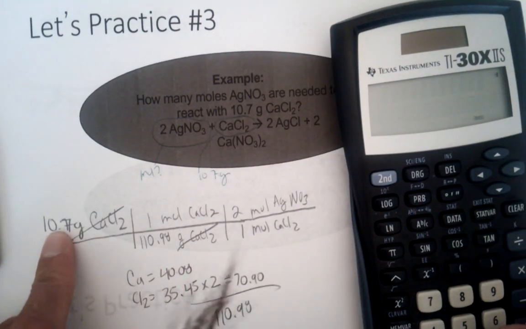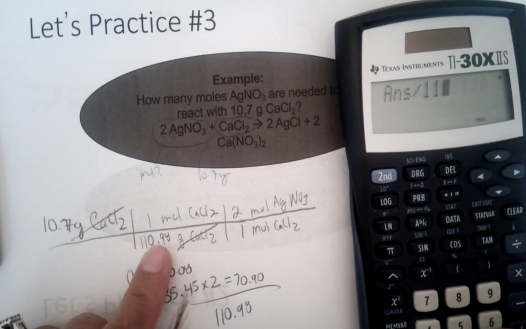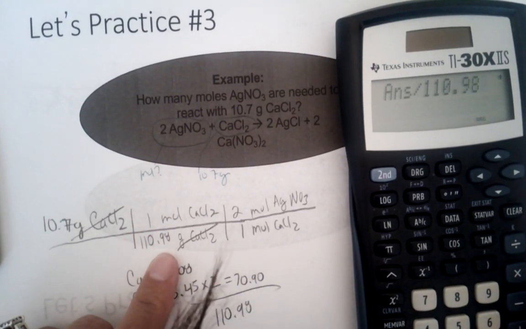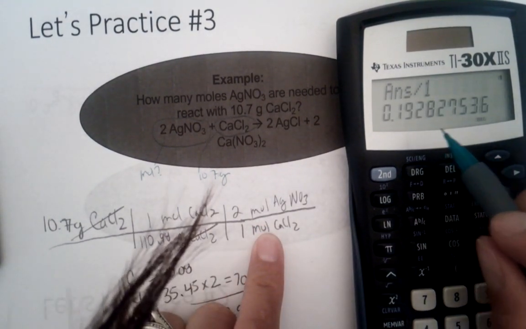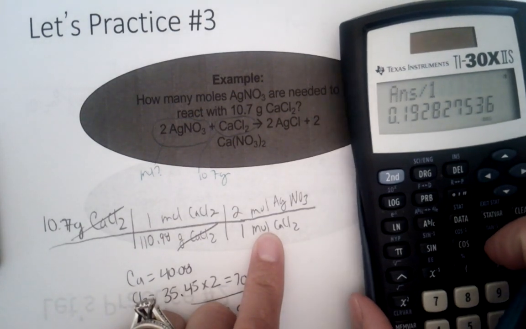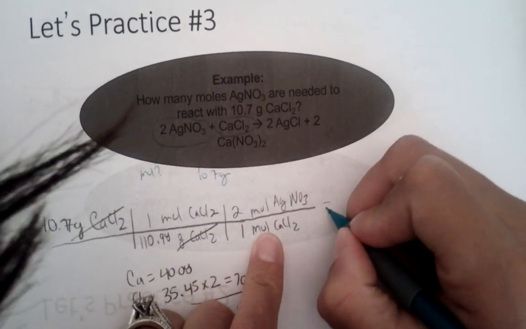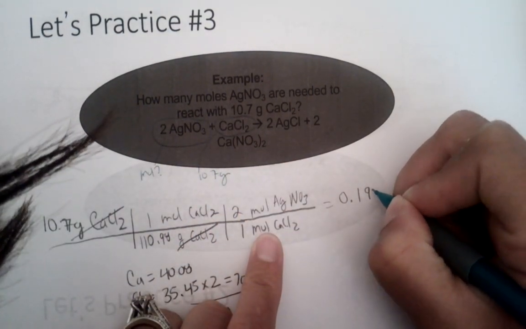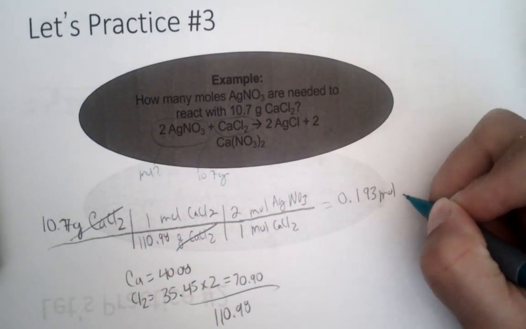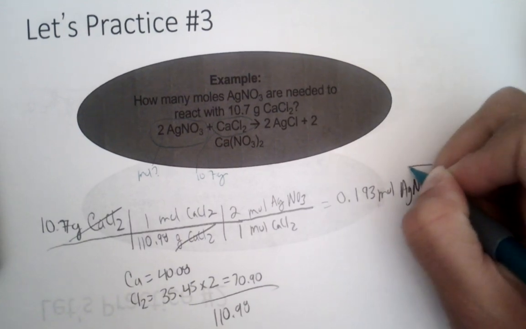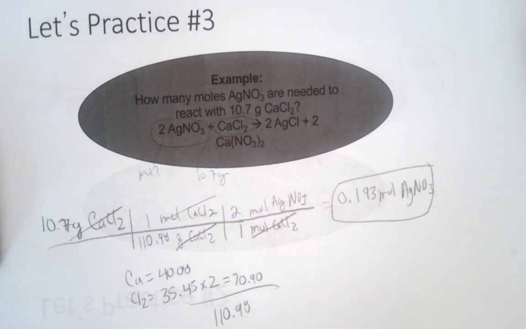So now we can simply do the 10.7 times 1 divided by 110.98 times 2 divided by 1. And we get 0.1928 and so on and so forth. We want 3 sig figs because 10.7 is 3 sig figs. So it's going to be 0.193, not grams, my bad, moles of AgNO3. All right, because we got rid of moles of CaCl2.